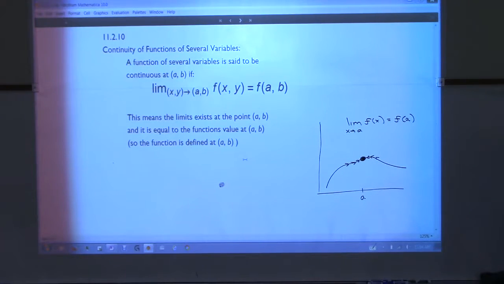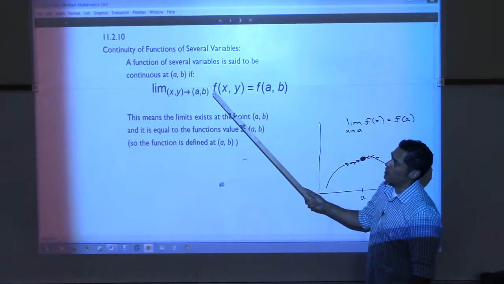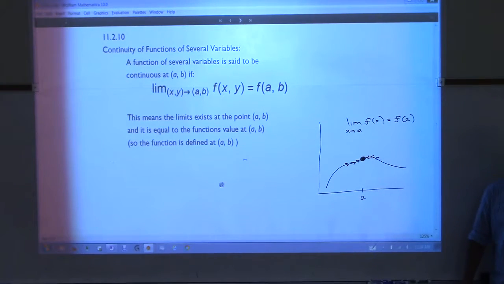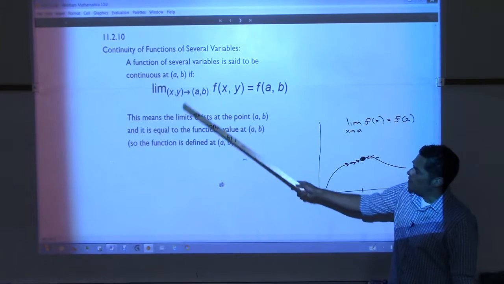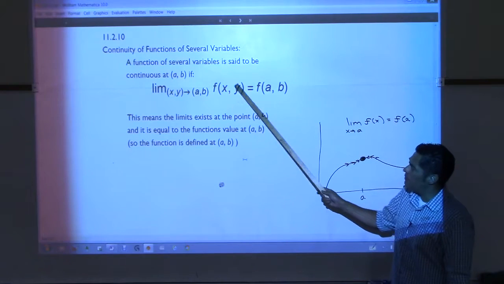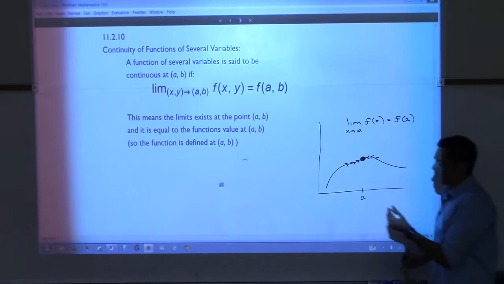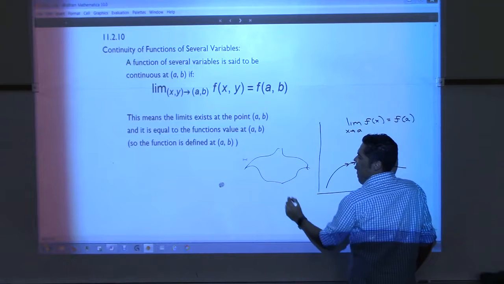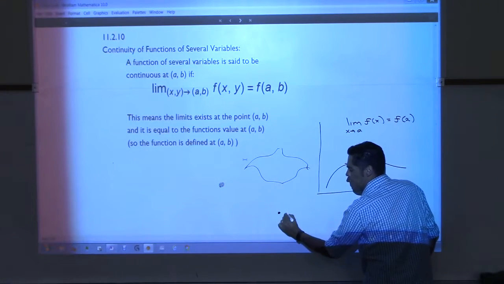And we have a similar definition of continuity for functions of two variables. We say that a function of two variables is continuous at the point (a, b), which is a point on the plane, if the limit as (x, y) approaches (a, b) of that function of two variables is equal to the function's value there. So the way to see this would be if we've got some surface, and remember the ground down here is where the point (a, b) is.